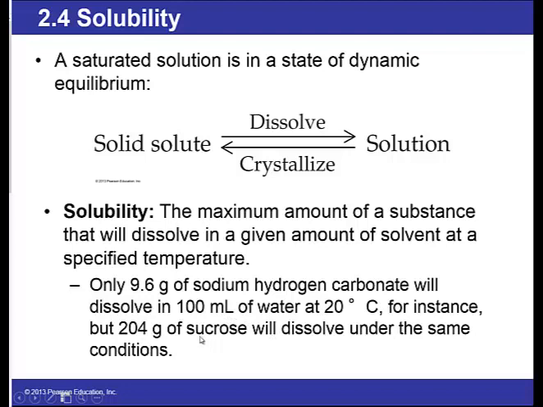But for sucrose, 204 grams of sucrose will dissolve under these same conditions. Each compound is going to have its individual solubility in very specific solvent systems. So for each substance, you have to do the experiment and see how soluble the substance is.